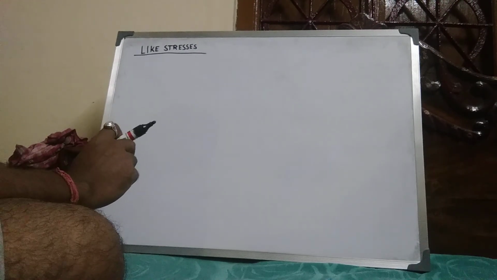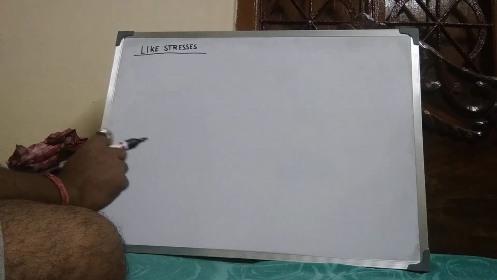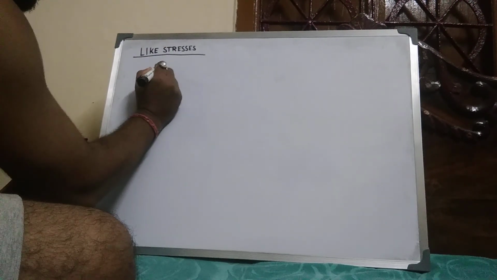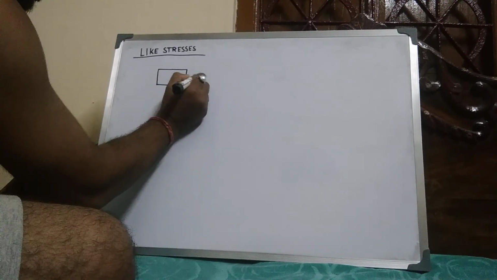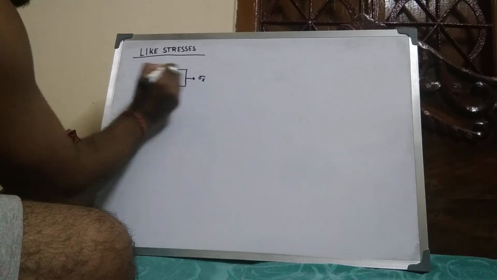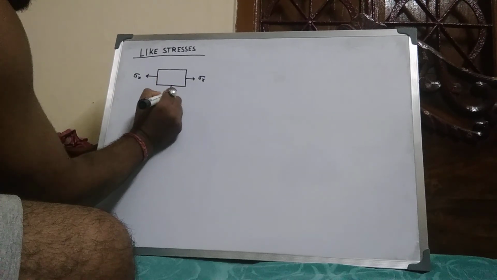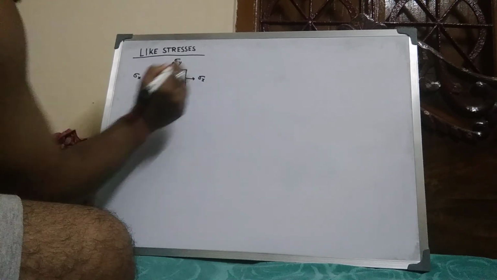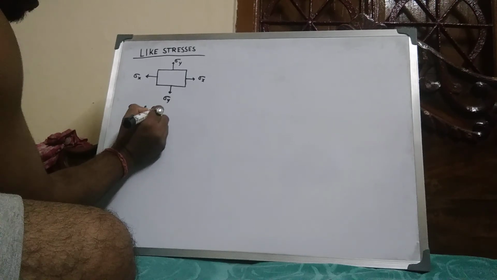Today's topic is Mohr circles for different cases. First of all, like stresses. What are like stresses? Suppose this is a body with sigma x and sigma y.